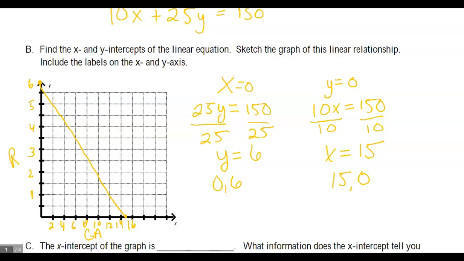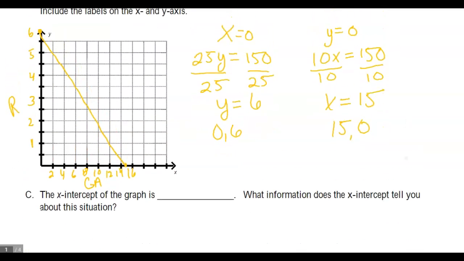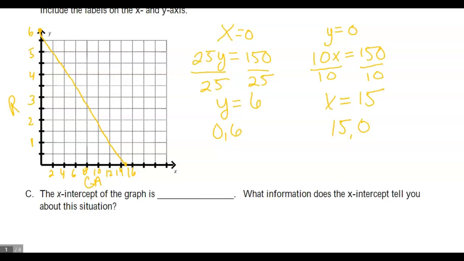And we've kind of already done this, but it says the x-intercept is what? And what does this tell you? So where does it cross the x-axis? It crosses at 15. What does this tell you?